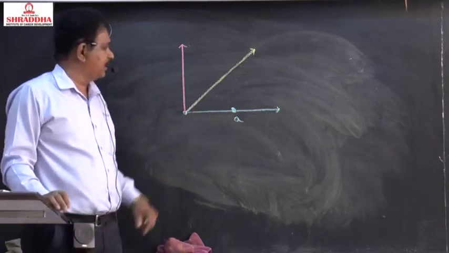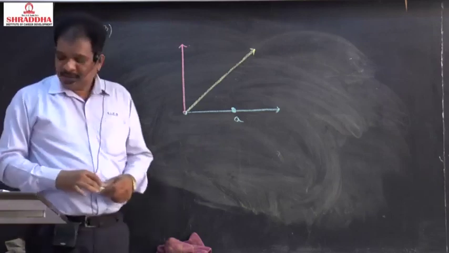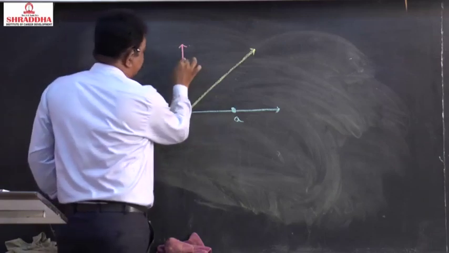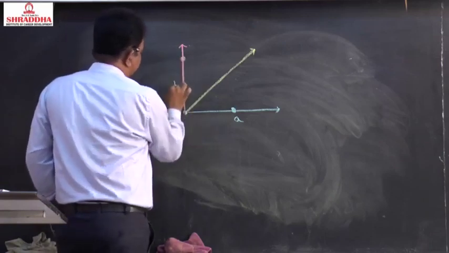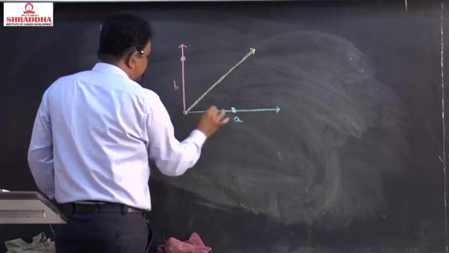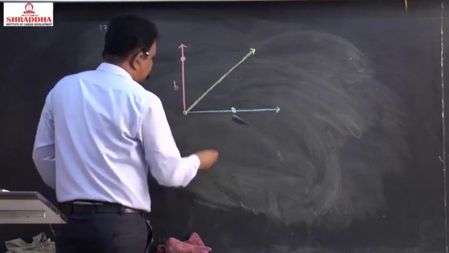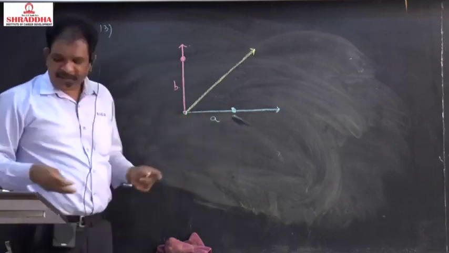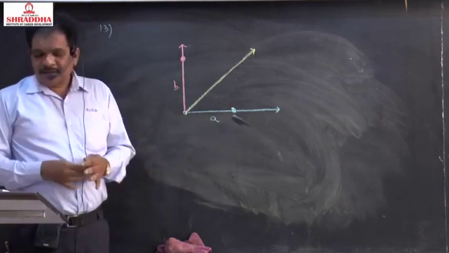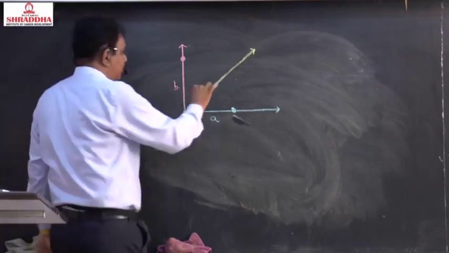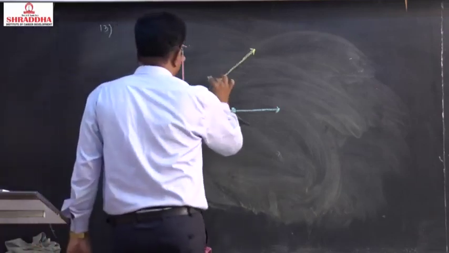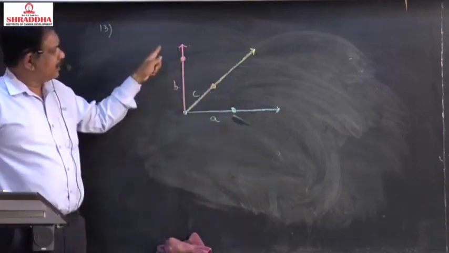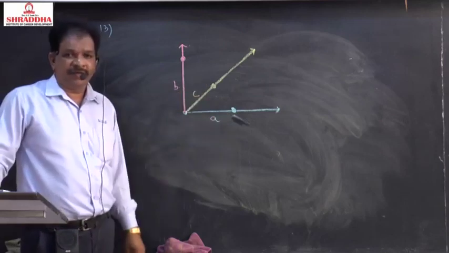Next, after 1 second, B will come to b. After 1 second, C will come to here. This is C. So that these three are always collinear.